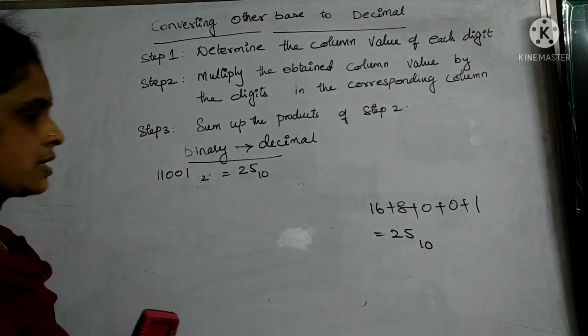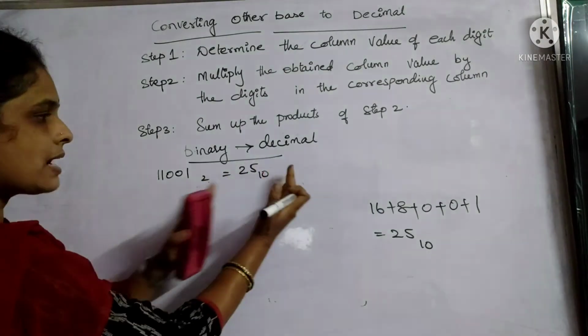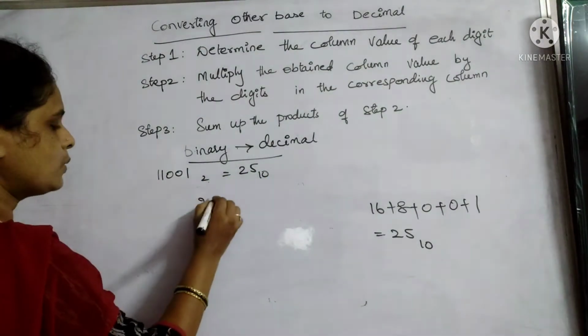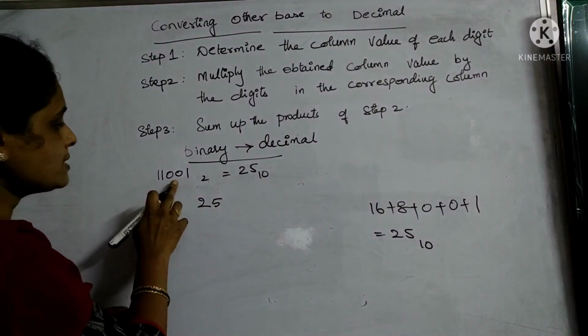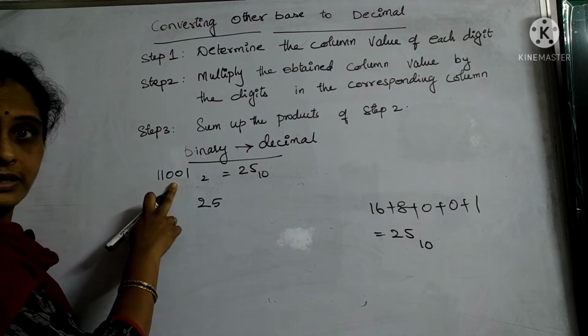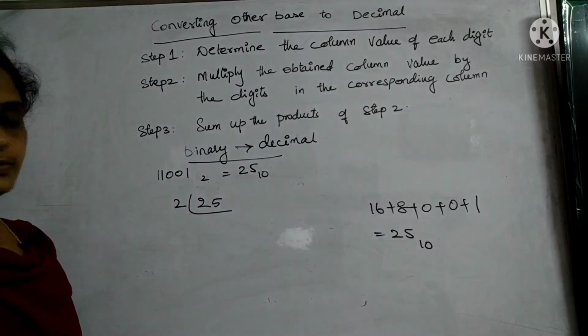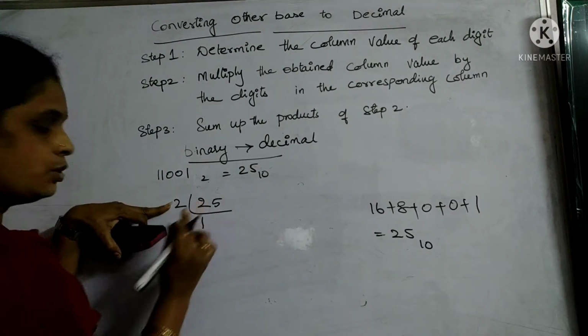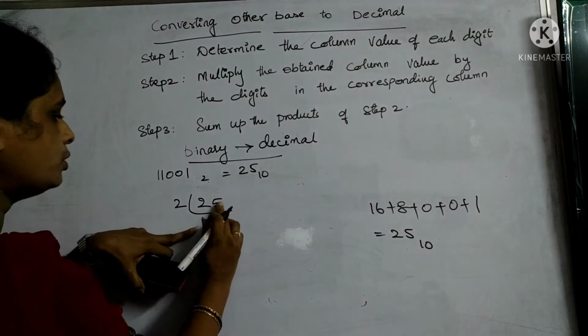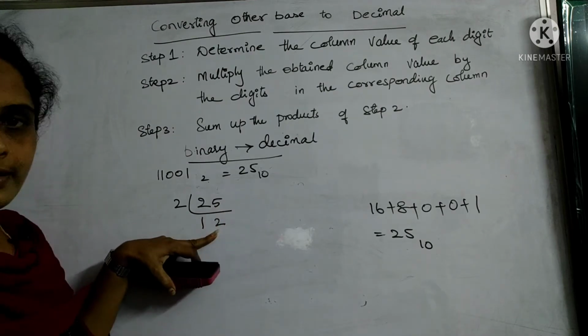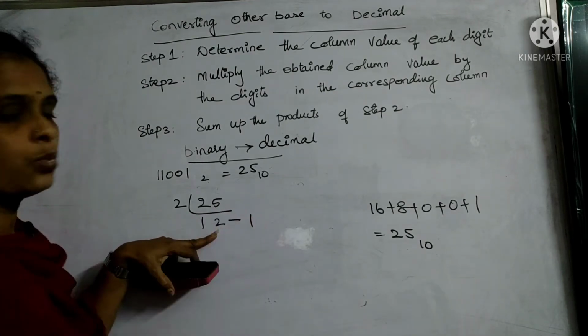I wanted to cross check. So what I do is, I start from the right hand side, that is 25. Because I want to convert to the binary number system, I divide it by 2. 2 ones are 2, then 2 twos are 4. How much is the remainder here? The remainder here is 1.